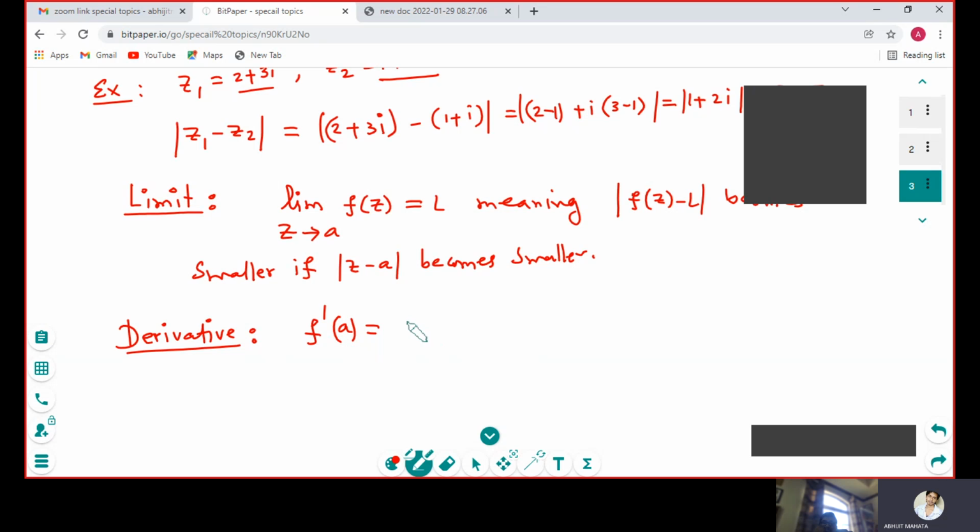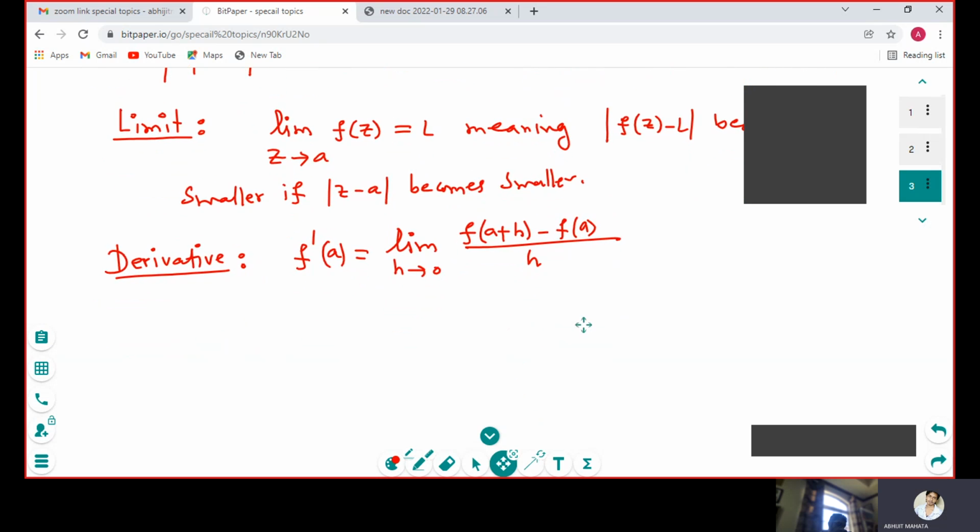All the notation is the same. The definition will be the limit as h goes to 0 of (f of a plus h minus f of a) divided by h. This is the definition for the derivative of a complex valued function.